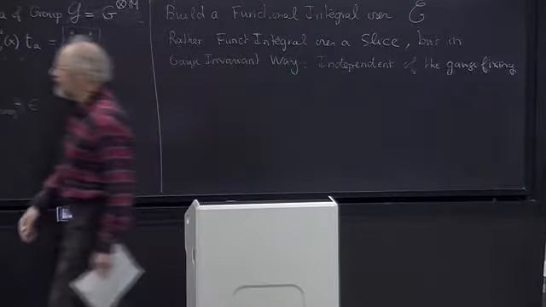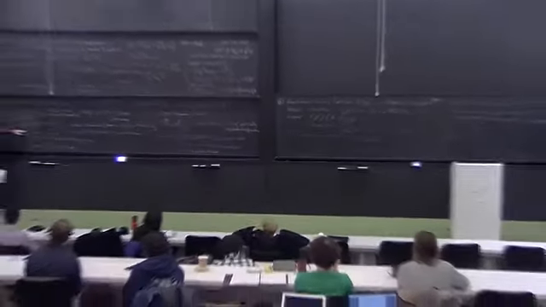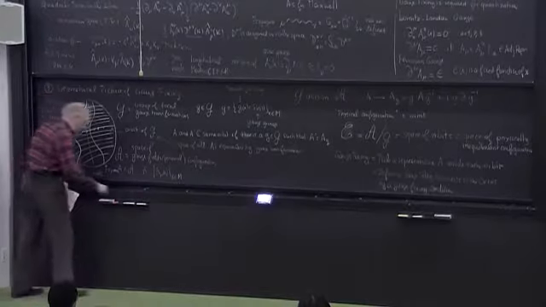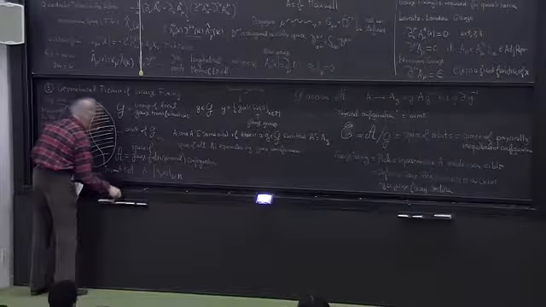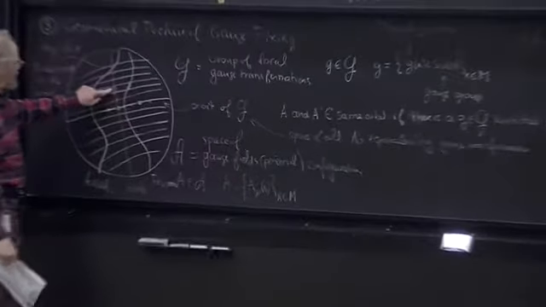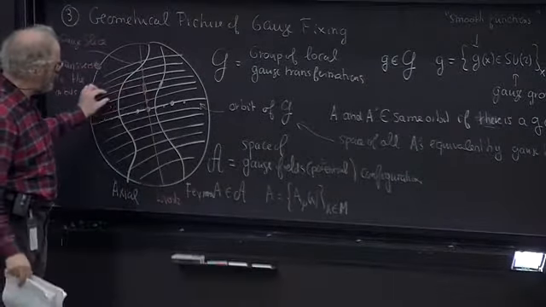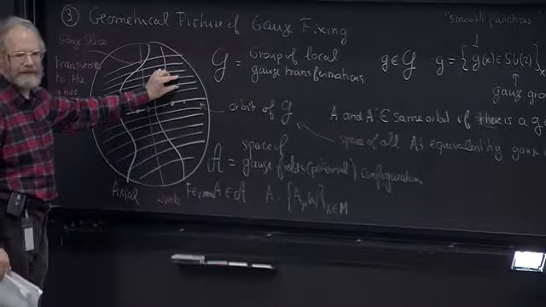So we want to integrate over this space, but taking into account the fact that, on these slices and on these slices, we must associate the same weight to this element and to this element in the space, because they correspond to the same element in the space of orbits.